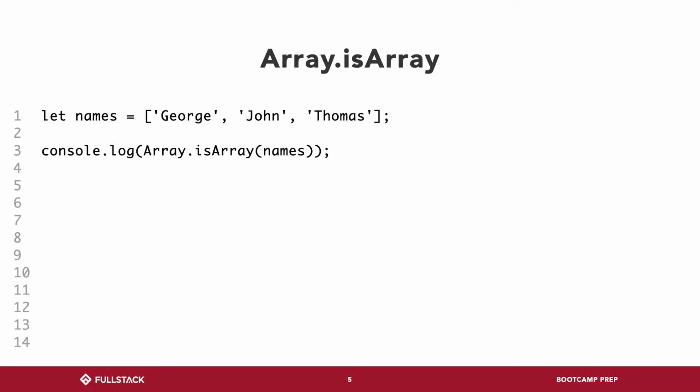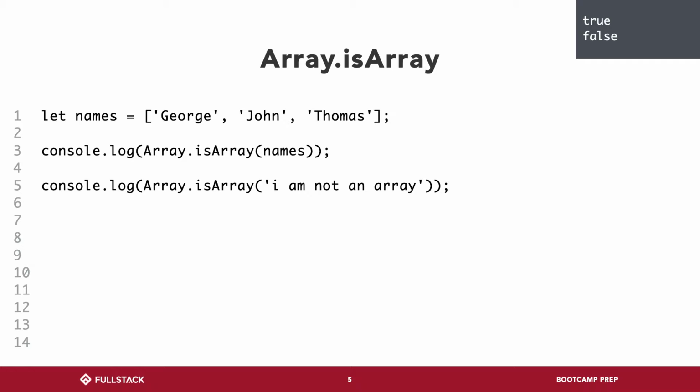Array.isArray, and you pass inside the parentheses something that you want to check. We'll pass names into that, and then we'll do the same thing down here, but we're just going to pass in a string, 'I am not an array.' It's just a string value. You get true and false. Easy Booleans, right? One value or the other, true or false.